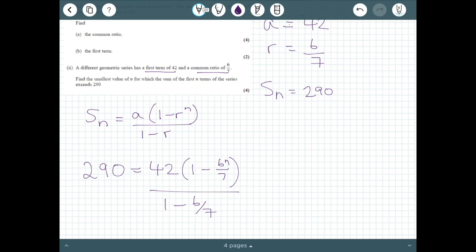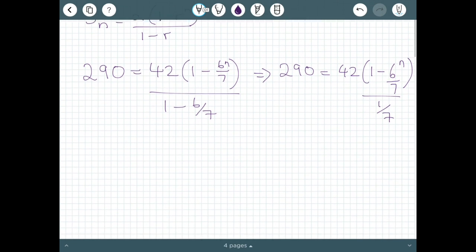Or, to put it a nicer way, we could just say that 290 is equal to 42 over 1 minus 6/7 to the power of n divided by 1/7.